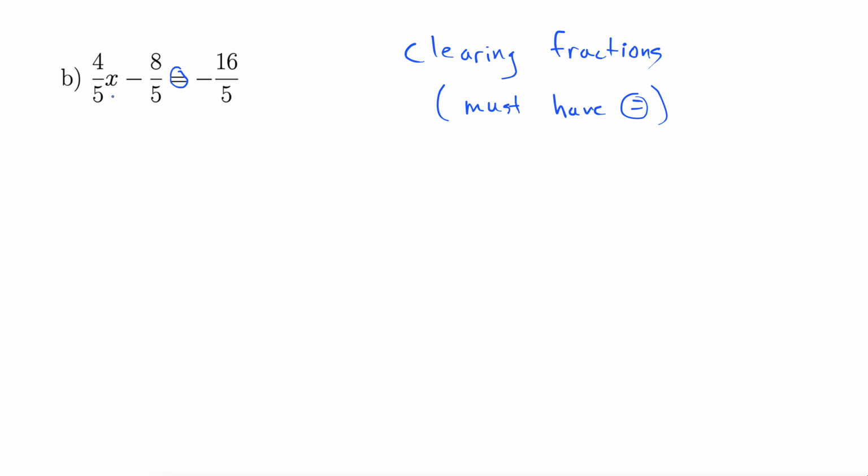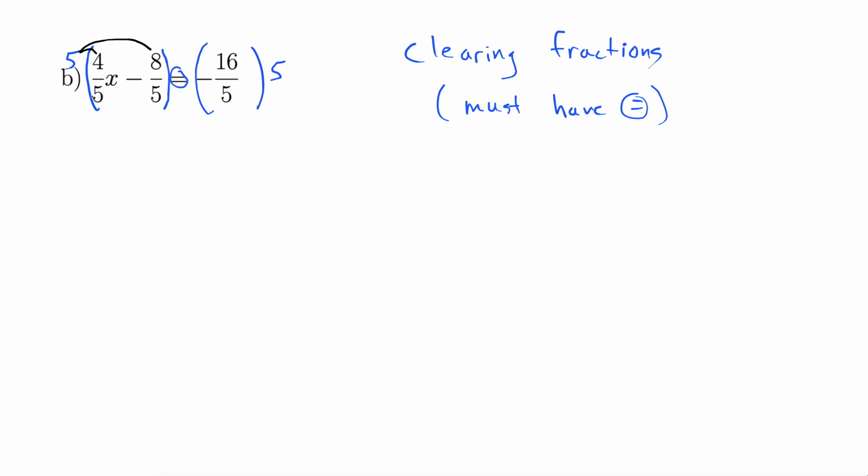So let's see here. I'm going to take this 5. This is my denominator. Eventually, we'll learn that you do this with what's called the least common denominator. And I'm going to multiply both sides by 5. Bear with me. It's going to make this a lot simpler. Now when I distribute, I'm going to distribute this 5 through each of these terms.